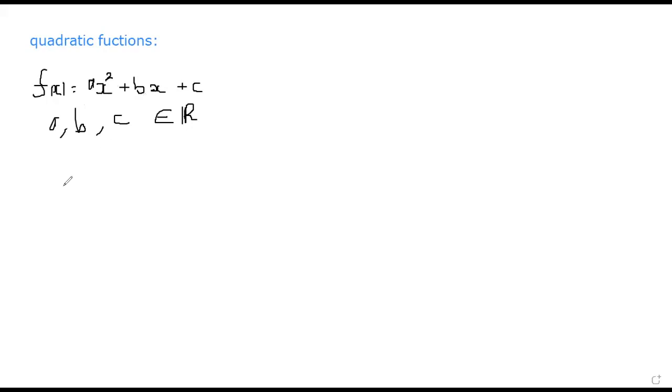Whenever we solve this quadratic equation, what we're simply trying to do is solve f of x is equal to 0. That's what we're trying to solve when we're trying to find the roots of f of x.